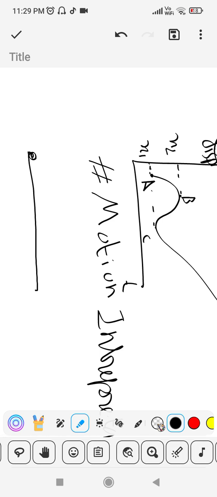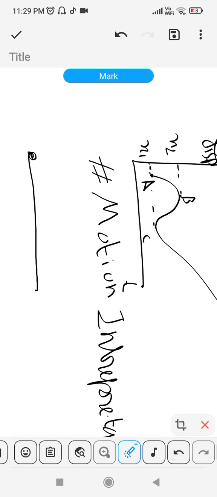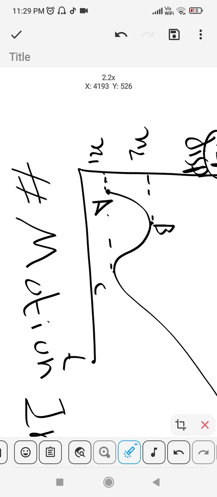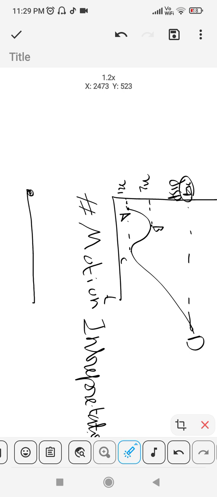That simply means the object has taken a u-turn to x1.